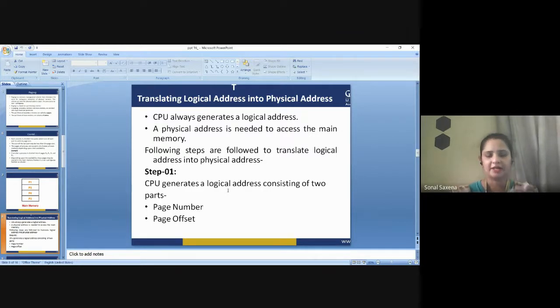So even that has an address. Let us assume that the page number is 3 and I want to execute the 10th line of page number 3. So page number 3 is the page number and the offset is 10th line. This is your page offset. I guess this one is clear. So the logical address will always have these two things, the page number and the page offset.